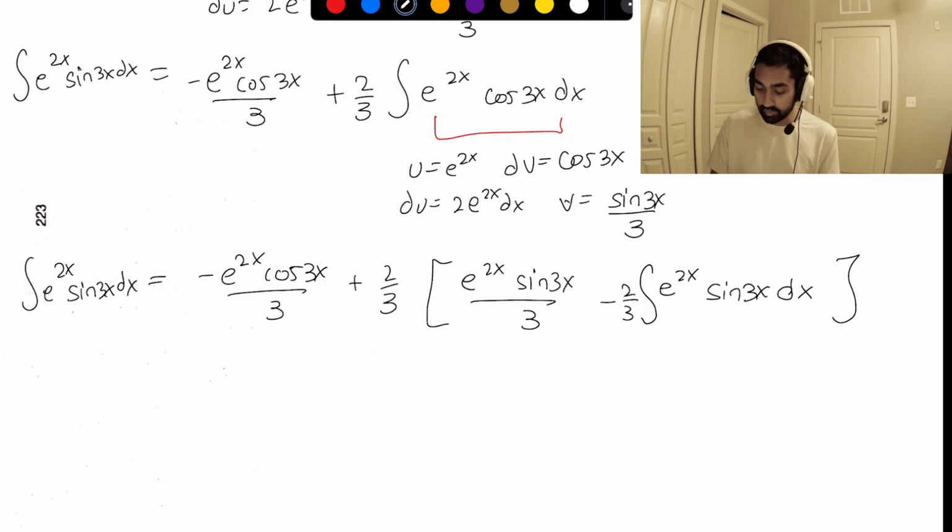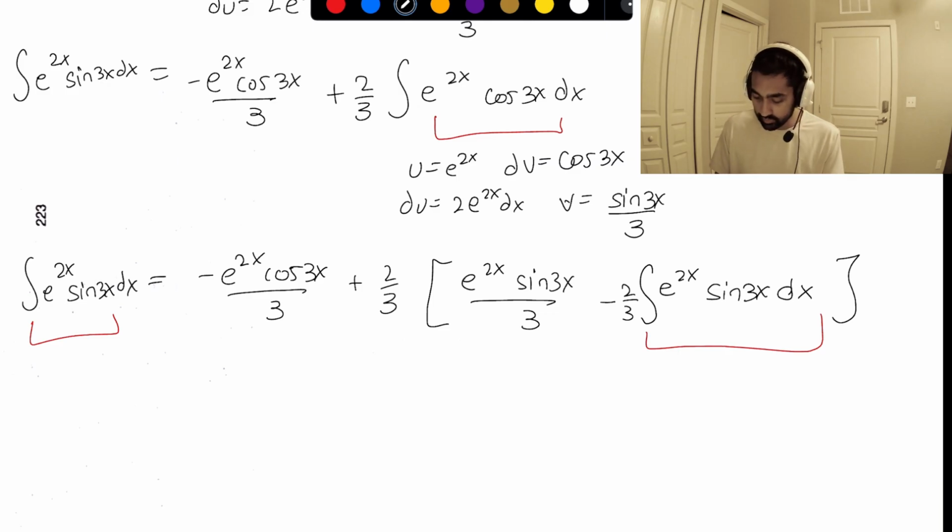Now I can actually solve it, because these two integrals are the exact same thing, so I can solve for them in this equation. If I bring that term to the right-hand side, 2 over 3 times 2 over 3 is 4 over 9.